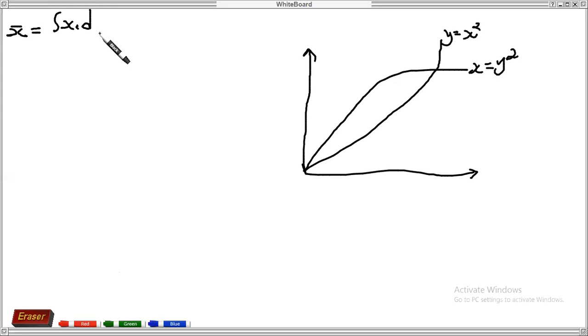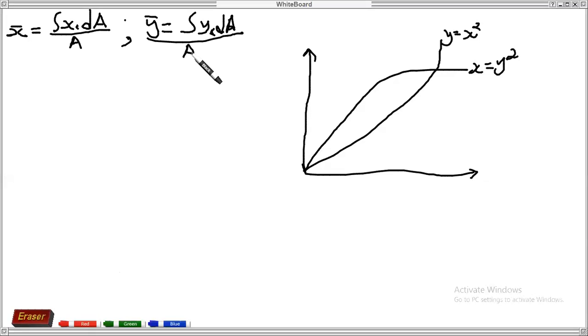That's one side of the coin. Then we are also asked to calculate y bar, so the equation is the integral of y_c dA divided by A again. These are the two governing equations that we need.